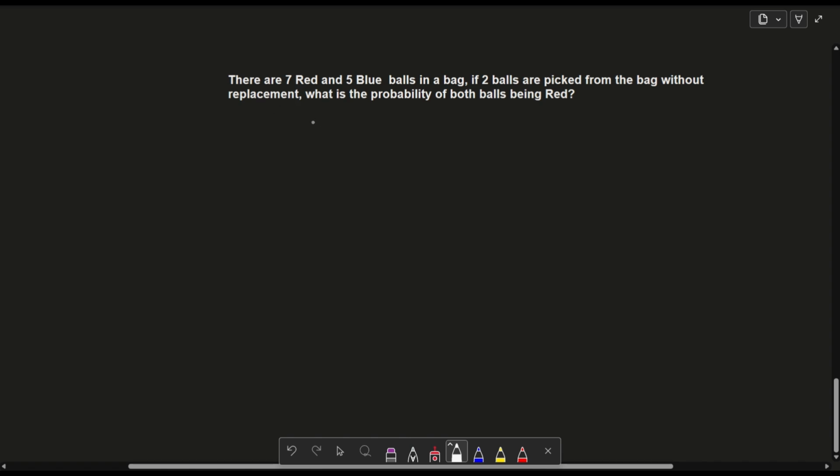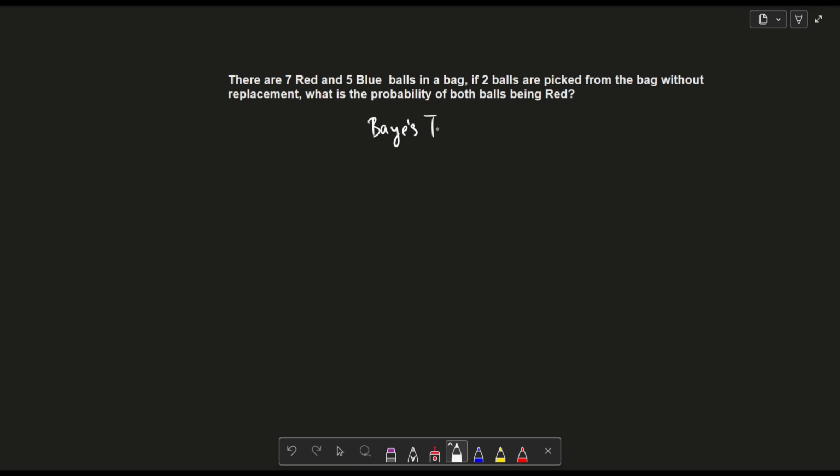Okay, you can see this is a Bayes theorem question, right? If you have done your 12th very well, like you have solved questions there, you will know that this is a Bayes theorem question. Okay, how to do this? Let's see. It is nothing but you have to do total probability upon condition.